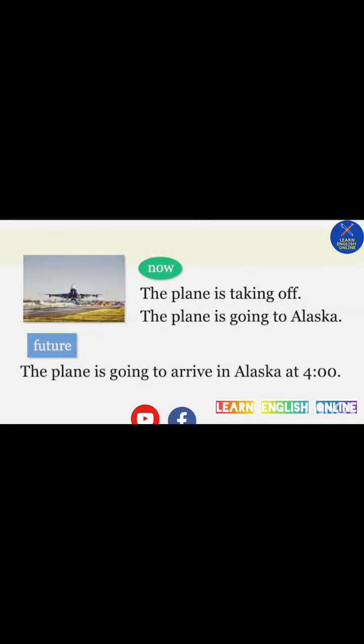The plane is going to arrive in Alaska at 4 o'clock. Now this is different because we have is going to verb. Look at the difference. Here, Alaska is a place. It's going to a place. But here, arrive is a verb. So be going to and verb shows us the future.